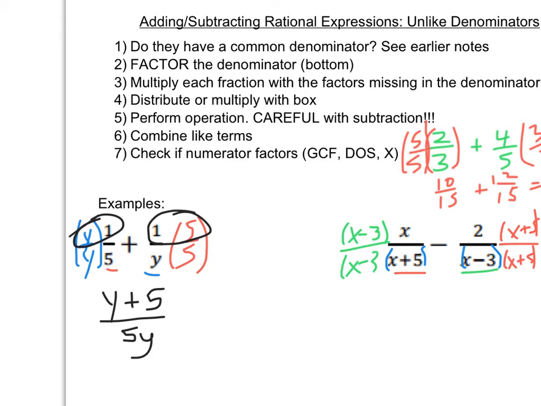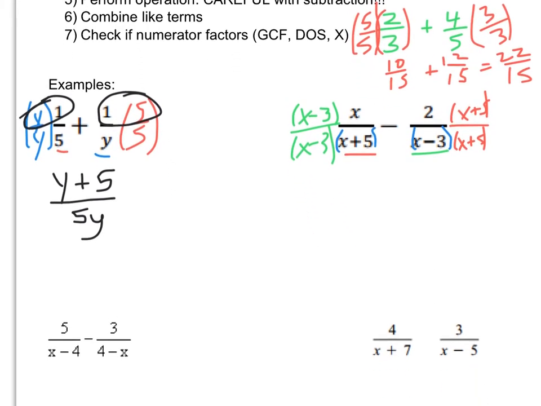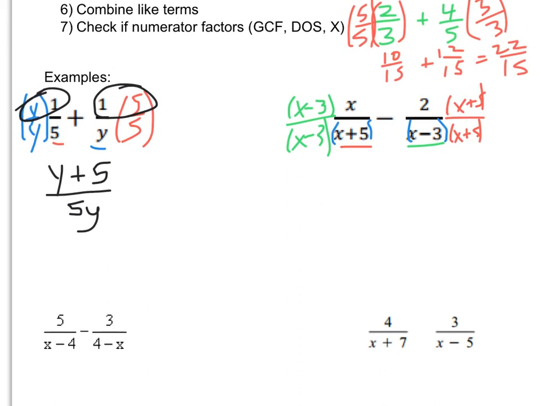When I have something divided by itself, it's just going to reduce to 1, and I can multiply anything my heart desires by 1. So rewriting my numerator a little bit, I get x times x minus 3 minus 2 times x plus 5. Like I did on the previous page, I'm going to simplify my numerator a little bit, but really this is all over my denominator.